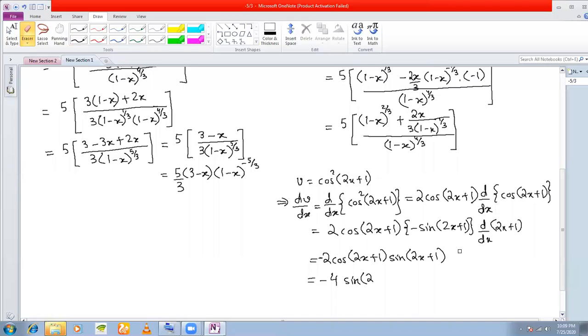This 2 will definitely be there. Now what is this? Multiple angle formula, right?